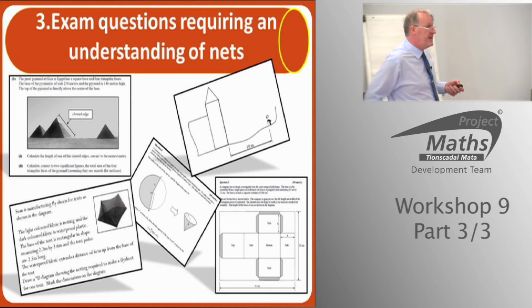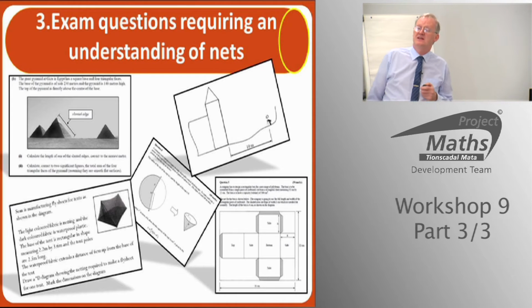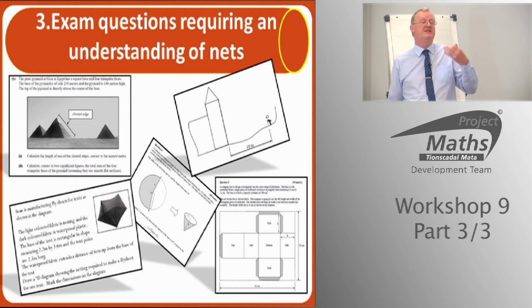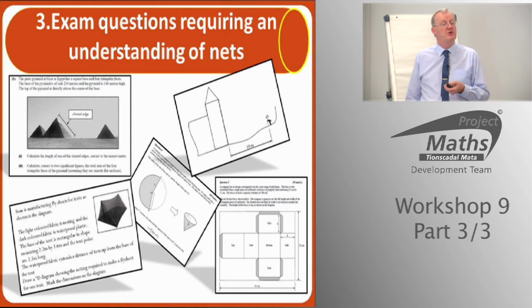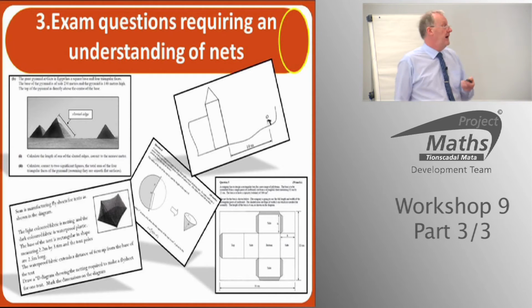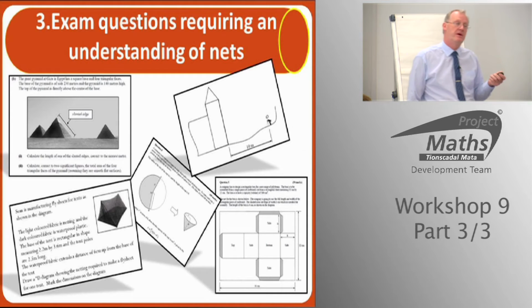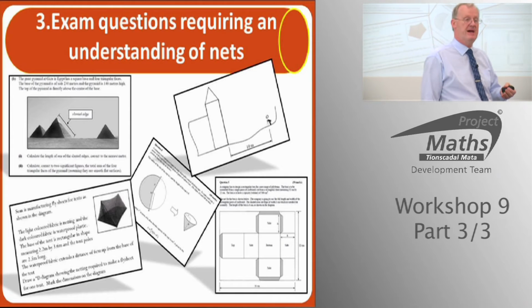Another reason I think nets is on the syllabus is that anyone who has taught higher level Leaving Cert in the past will be familiar with some of those questions, the 3D trigonometry questions, and in general students were pretty poor at them. That particular one comes to mind. It was on the 2006 paper, and a corrector I was talking to lately said that it was very, very badly done.